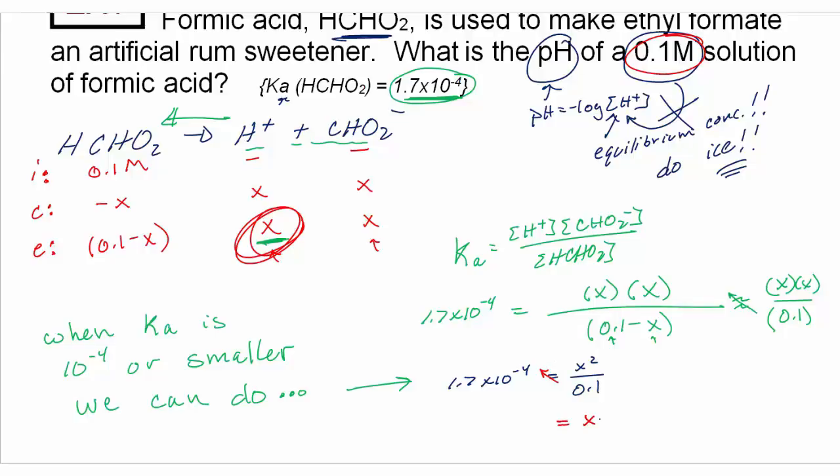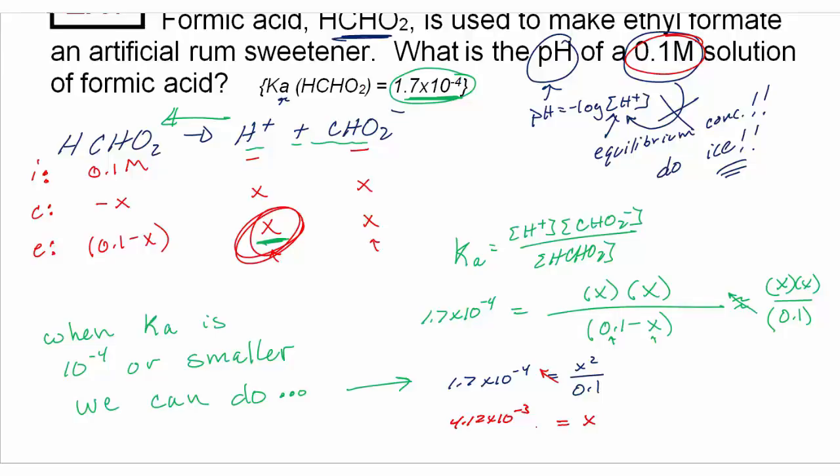So 1.7 times 10 to the negative 4 times 0.1, it equals, take the square root, and you get 4.12 times 10 to the negative 3. Okay? So 4.12 times 10 to the negative 3.